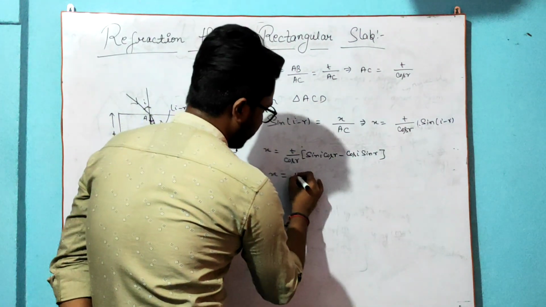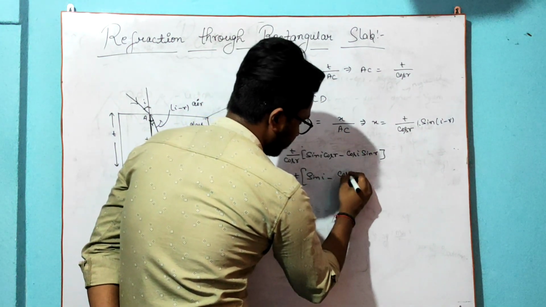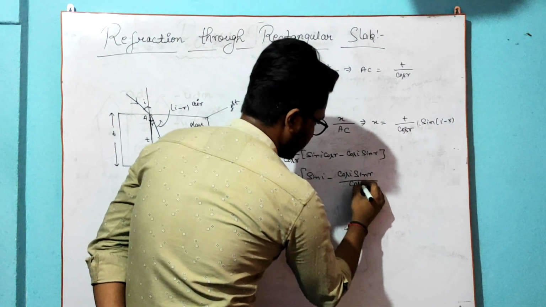So X is equal to T sin I cos R minus cos I sin R upon cos R.